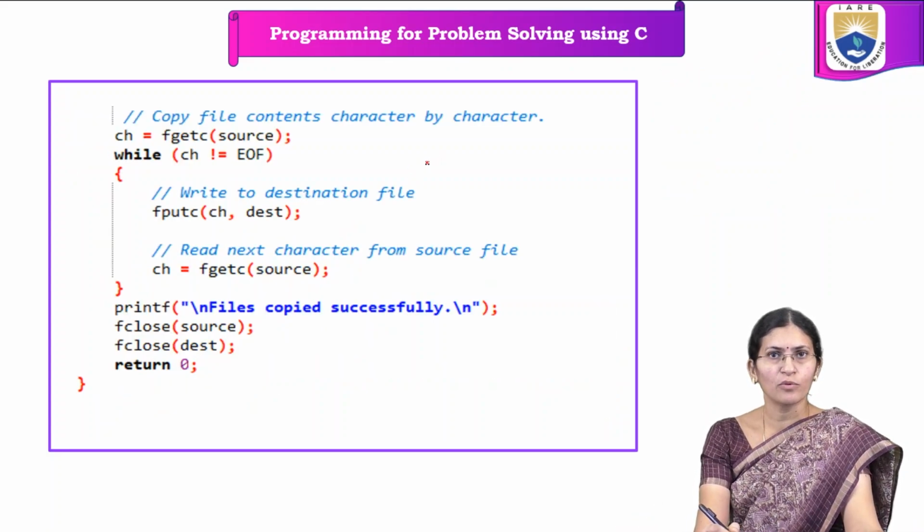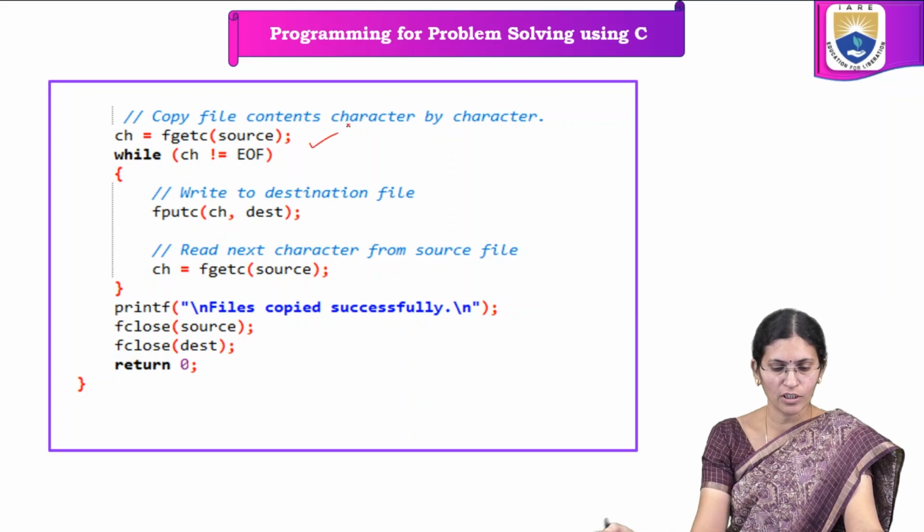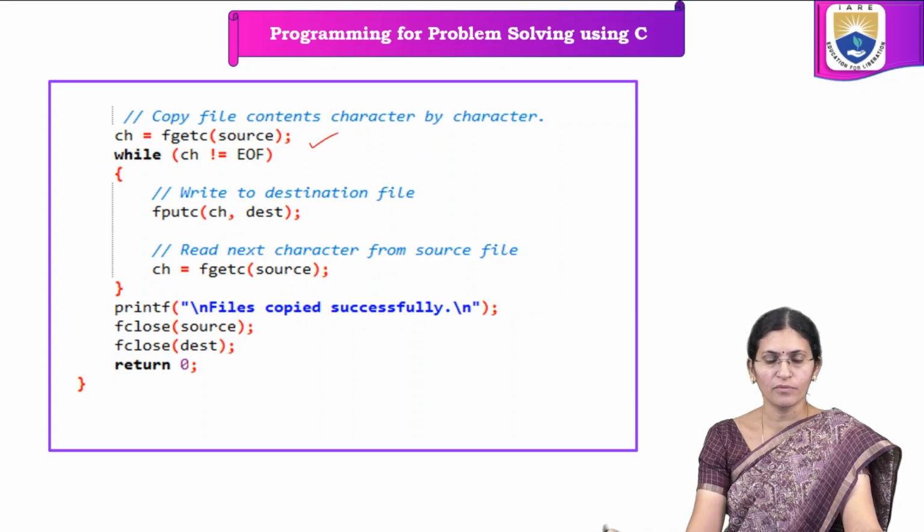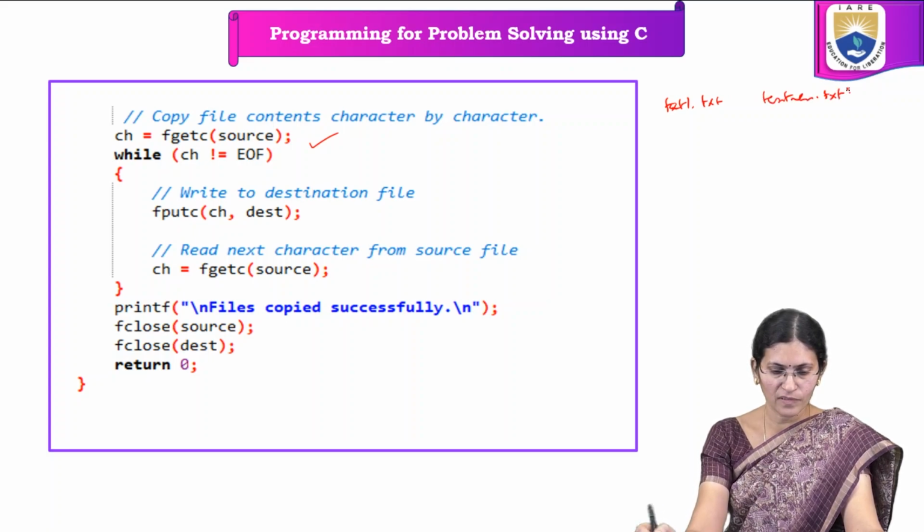Next, if the file is opened, then we need to perform the read operation on file 1, that is text1.txt. We have the file text1.txt and another file textnew.txt.